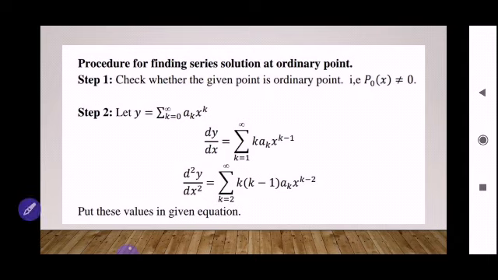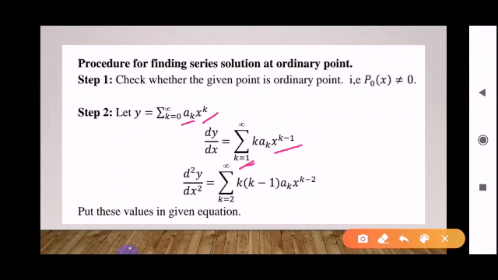Okay, so if we take the derivative of y with respect to x, then dy by dx is equal to summation of k ak x to the power k minus 1. Here ak is constant, and the derivative of x raised to k is k into x raised to k minus 1, and here k starts from 1, not from 0. Now why do we start k from 1 in dy by dx?